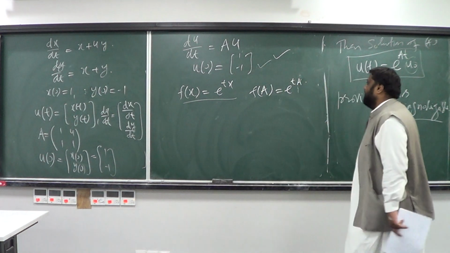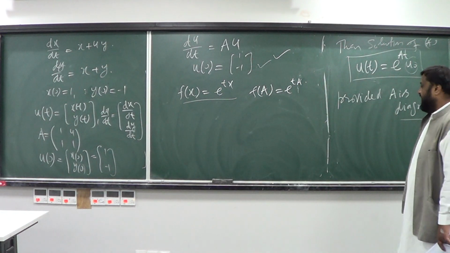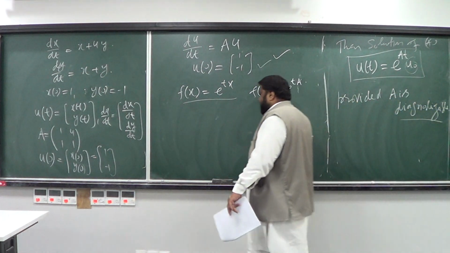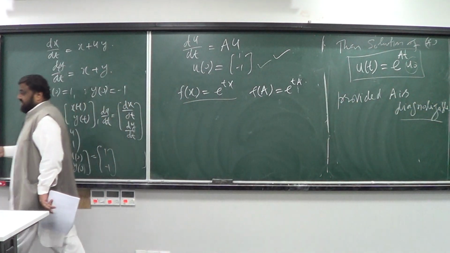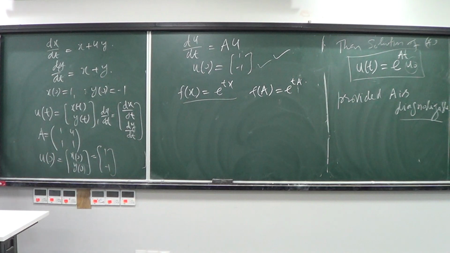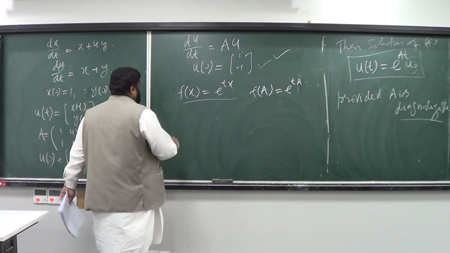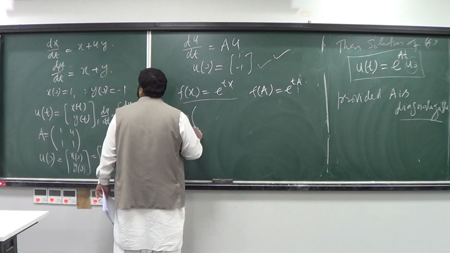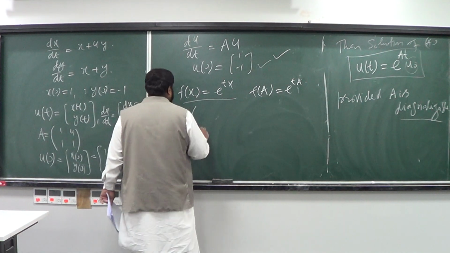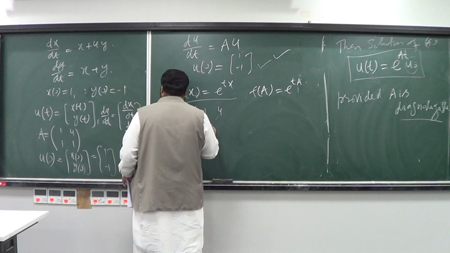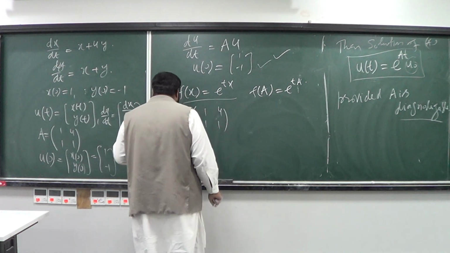But this is going to make sense only if the matrix A is diagonalizable. How can I know that matrix A is diagonalizable? Take the matrix A, which is 1, 4, 1, 1, and compute its eigenvalues.